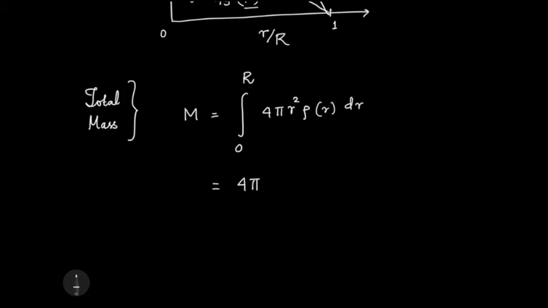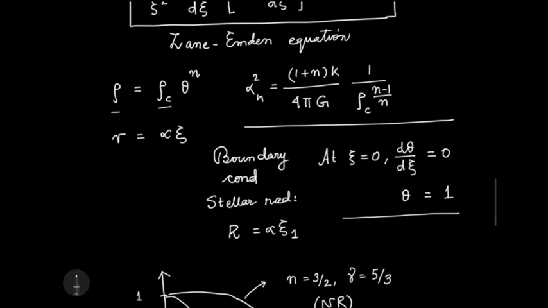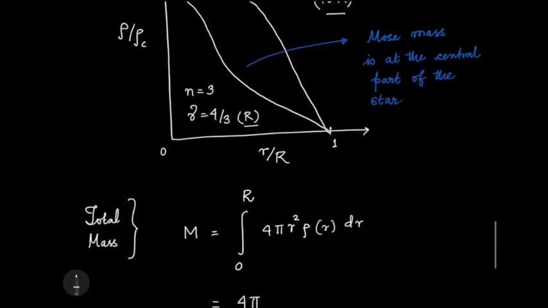Now change the units to alpha and xi. r is alpha times xi and rho is rho c times theta to the power n.